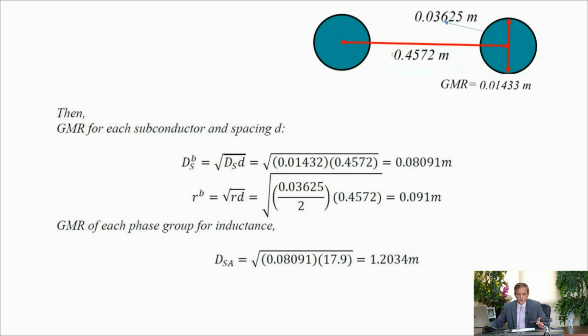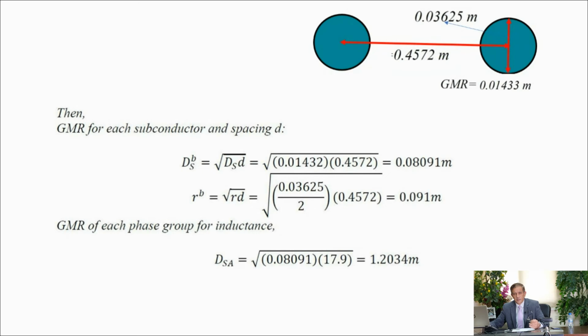It has no difference for me if I use small GMR for these things, because I'm looking for the geometrical mean radius now. But it's only at the end that I will use GMR, so I use DS for the bundle for the inductance calculation, R for the capacitance. So this is DSA.